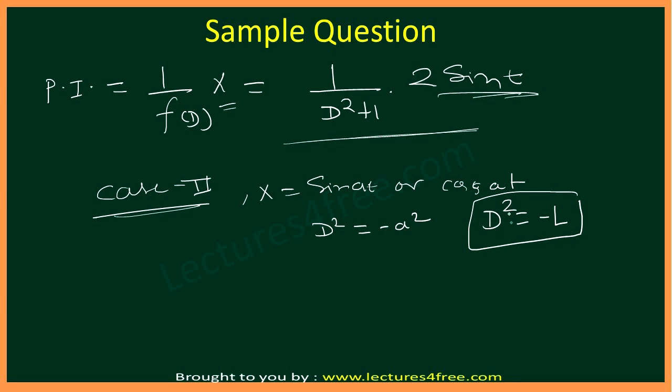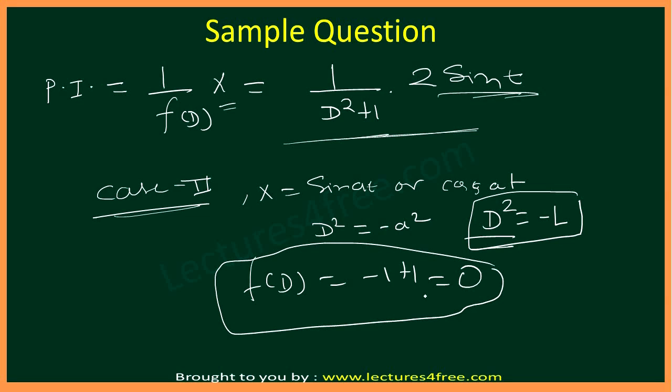But if we replace D square with minus 1, we get f of D equal to minus 1 plus 1, which is 0. So we cannot replace here, and in such cases we have to differentiate f of D and multiply by our independent variable, which in this case is t.